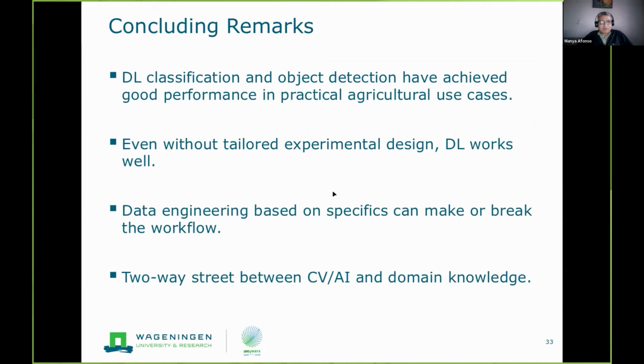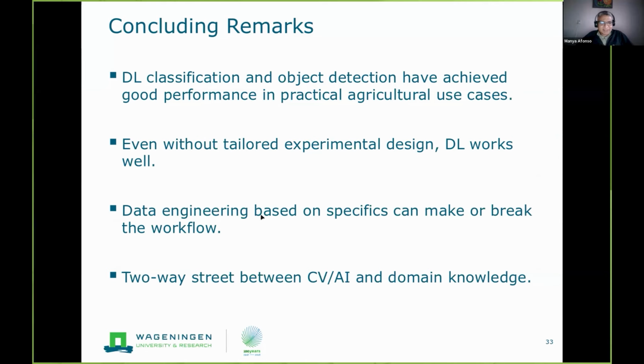So yeah, what we can conclude is that deep learning worked well in the case of floricultural trait registration, even without a tailored data set. And yeah, both flavors of deep learning classification as well as object detection were found to be quite good in practice. And also that the data engineering, the pre and post processing based on the specifics of the use case can be quite critical to the workflow.